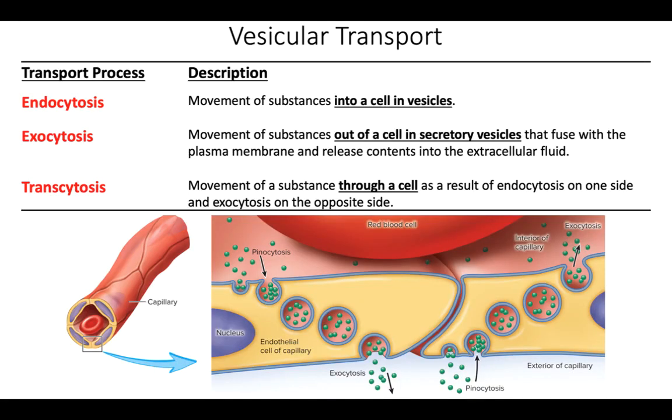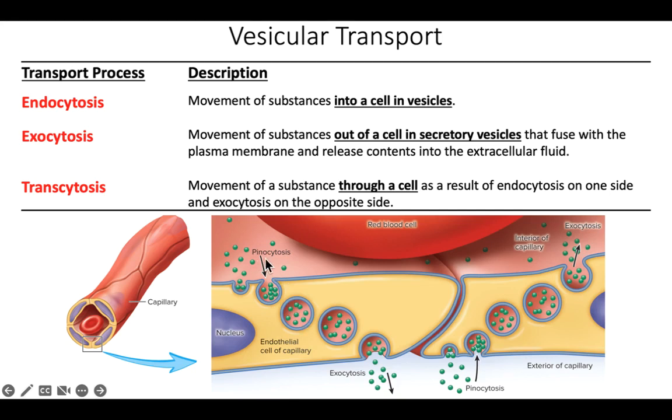Here's a review of the vesicular transport mechanisms. Remember that they require energy and they're using a vesicle. A vesicle is a little membrane container inside the cell. So notice we've got endo and exo. Endo means inside. So we're bringing something inside of the cell. This is an example here, where these green little molecules are entering the cell.